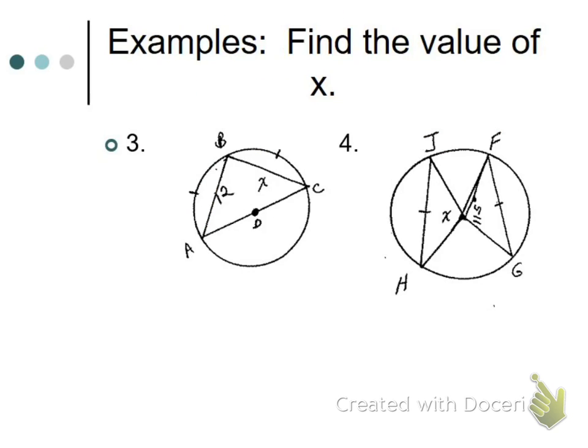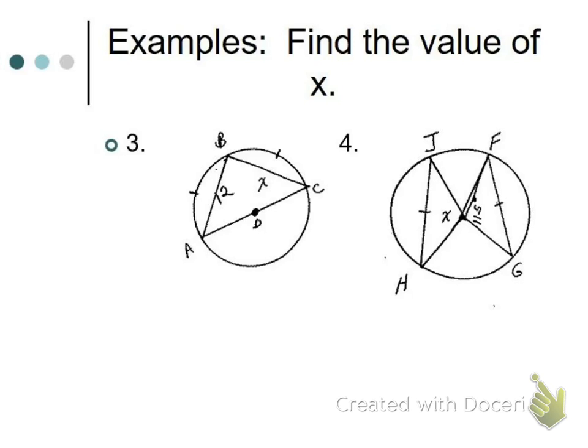I believe these diagrams are already there for you, so we just have to use them. Number 3 looks similar to the diagram that we were using in our theorem boxes. So our arcs and our chords have a common point at B. They marked the arcs as being congruent, which means their chords have to be congruent.